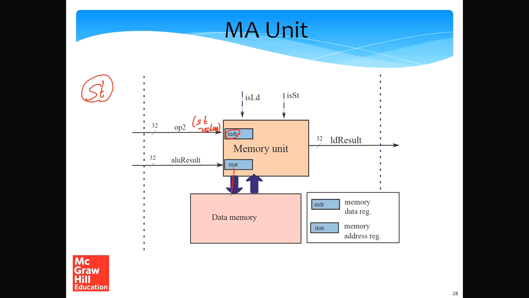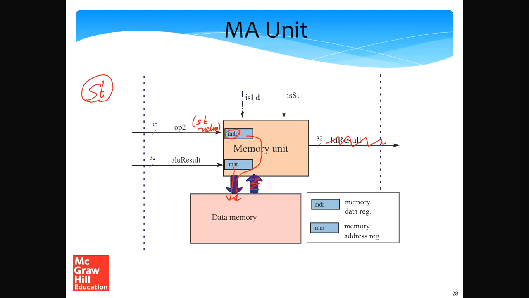The address flows to the data memory, and the data that needs to be stored flows into the data memory. Inside the memory it's stored, and we get nothing as output. The store instruction does not produce any output at all, and the job of the instruction at this stage is over.